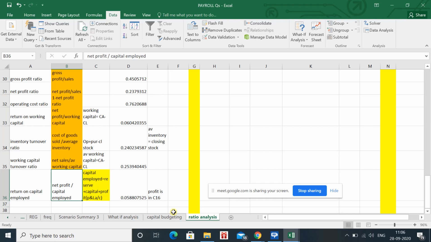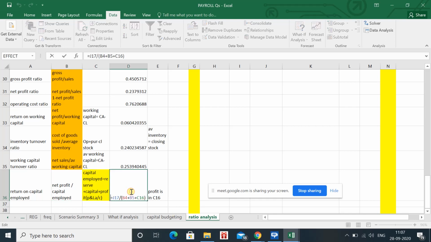When I'm writing the net profit, this means I'm talking about the profit which we have in the P&L account. And when I'm talking about the profit in the capital employed, I'm talking about the profit which we have in the balance sheet.